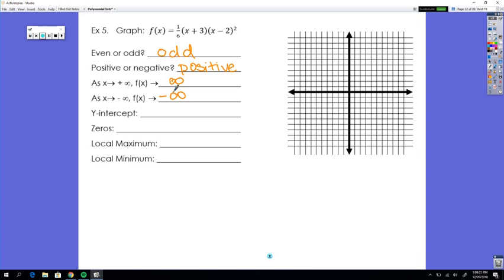So again, if we were to put this in the calculator, we are going to get points approximately here, and our graph is going to look something like this.